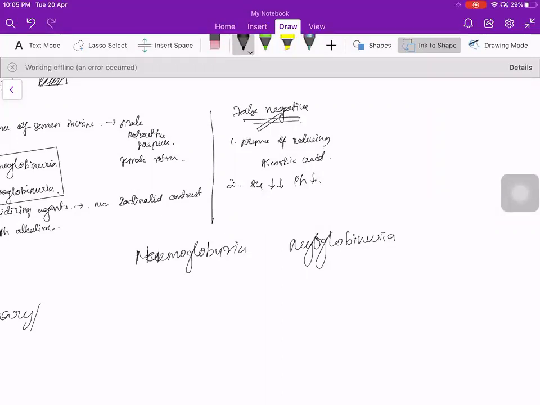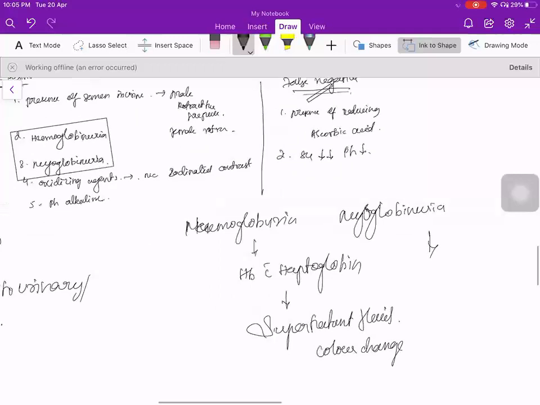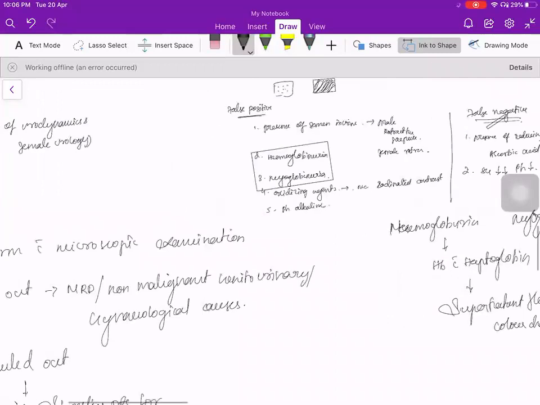If the supernatant fluid is red colored, it is usually due to hemoglobinuria. The color change occurs in hemoglobinuria because hemoglobin will bind with haptoglobin, and that is causing the color change in the supernatant fluid. Myoglobin will not bind with haptoglobin, so the supernatant fluid will be normal in color.